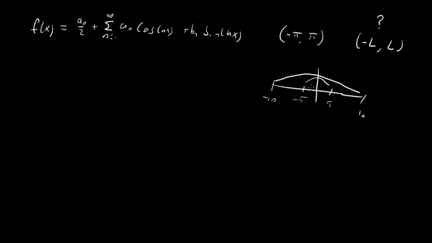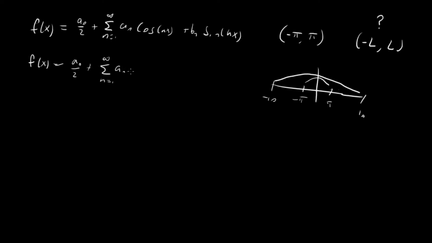But all right, that's a lot of talk. How do we actually stretch this interval out, and how does it affect our a_n's and our b_n's and these terms right here? Well, let's think about it. We know that we're going to have the same constant out in front. Our constants will change, but it'll be inside the integral.